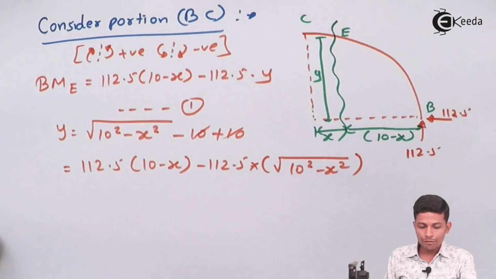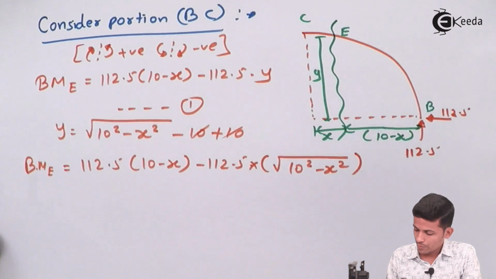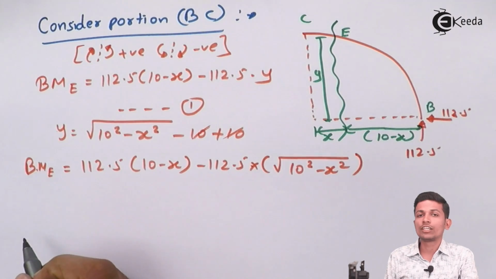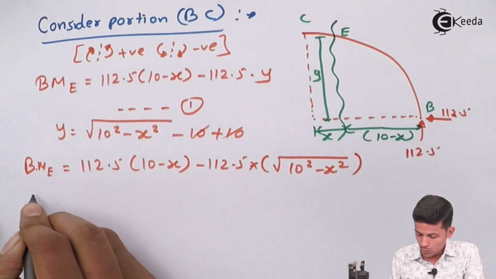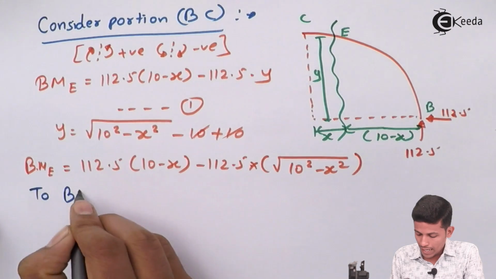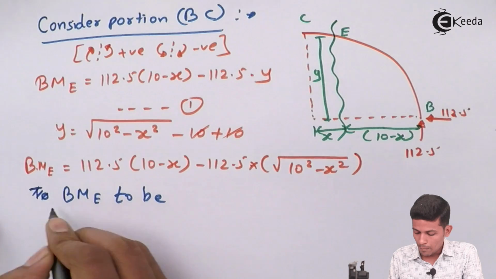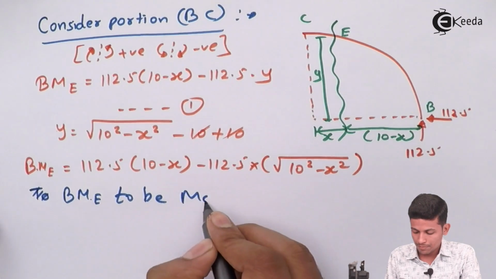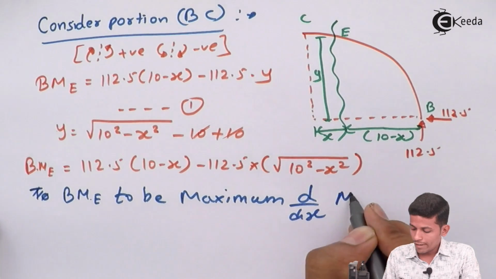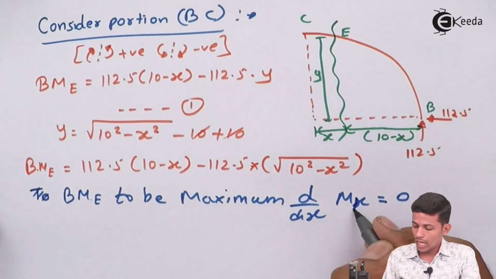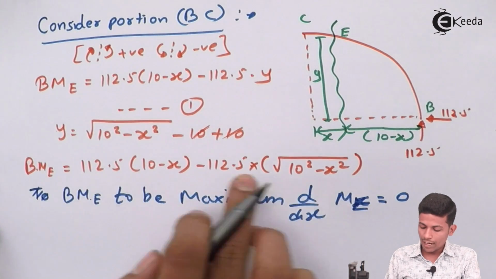After that, what you have to do is, as you all know, if you don't have the given distance x, to find the distance for bending moment at E to be maximum, d by dx of ME is equal to 0. Now take the derivative of this.